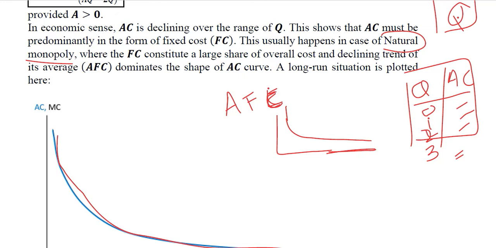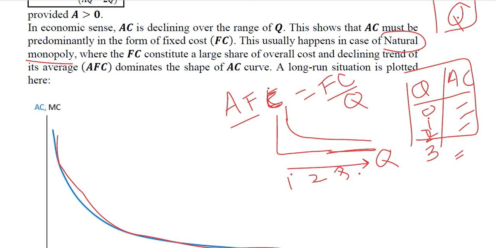So when we divide this value with q, and the value of q is increasing, the ratio declines. That is the ratio of fixed cost and output. So when we make this diagram, it will be a value which will decline gradually and come down in a very slow manner as it spans further into higher values of output.